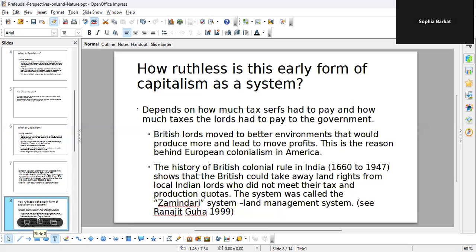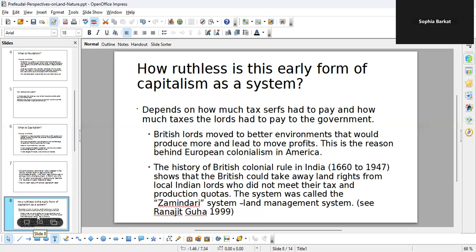But back in the day, the British lords had a lot of power. The British monarchs, of course, ruled, but the lords also played a big role. During the time of capitalism, 1600s, we see that the lords are fleeing England for better environments where they can grow more and more products, food, and other kinds of extractive stuff.